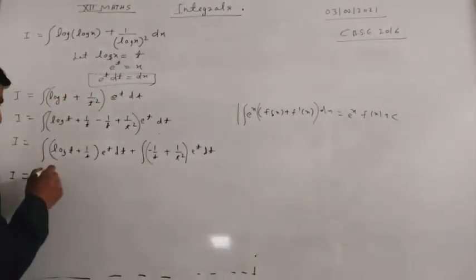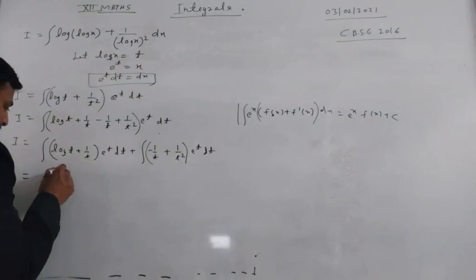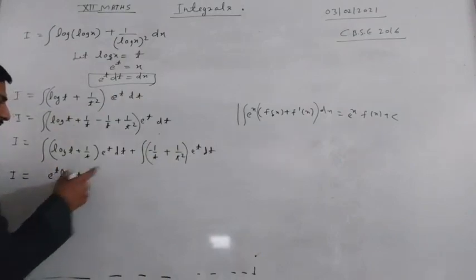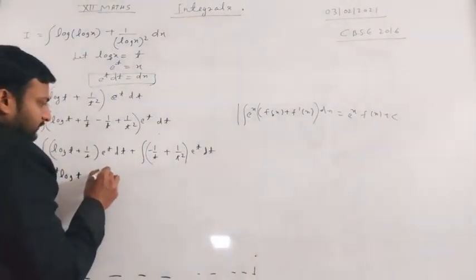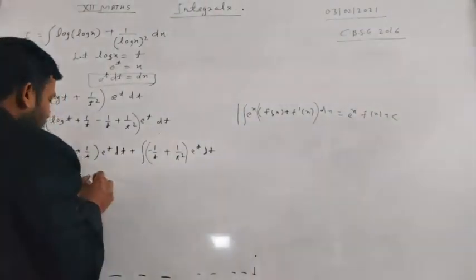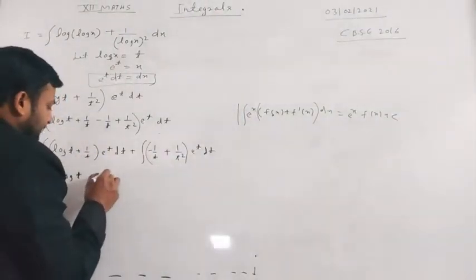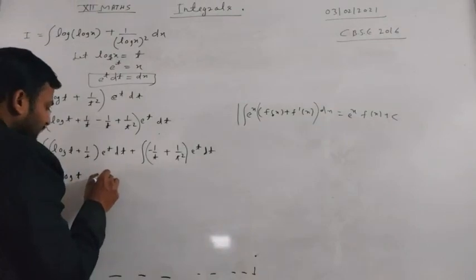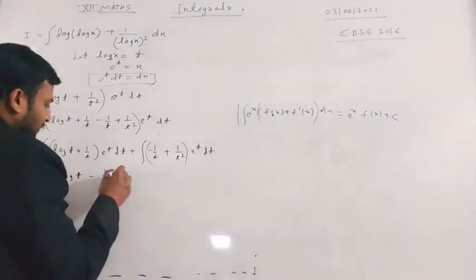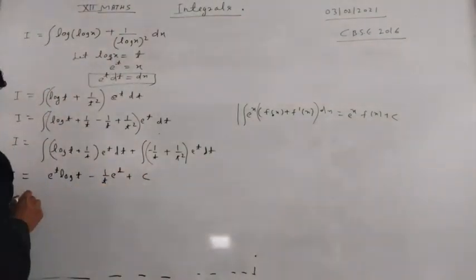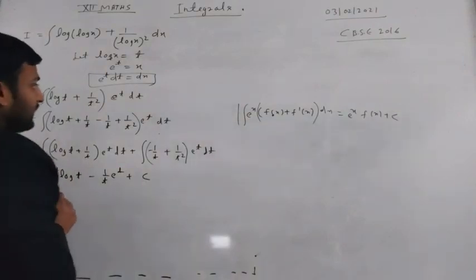So here we write e to the power t log t, and minus 1 by t e to the power t, plus c.